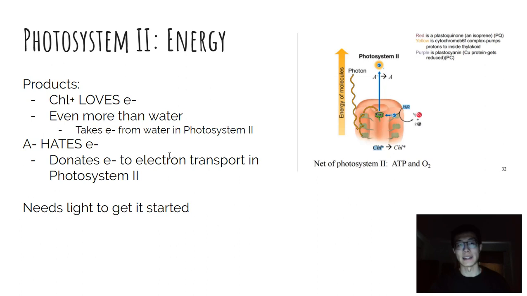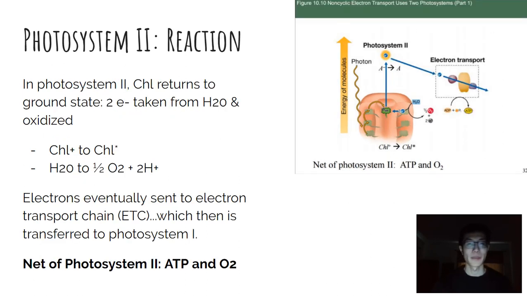So it needs light to get started in photosystem 2, and therefore pass that electron from photosystem 2 to the electron transport chain to photosystem 1, and then eventually to another electron transport that makes NADPH. So in order to get the entire thing started back in photosystem 2, we need that photon of light, in addition to water, obviously. And you can see that's how it is according to the photosynthesis equation.